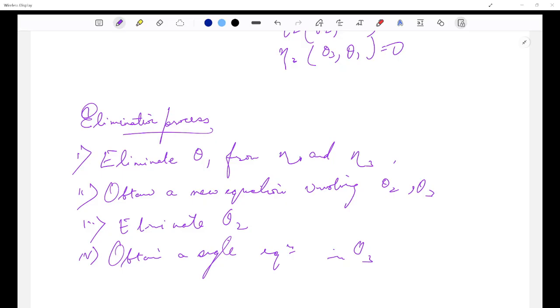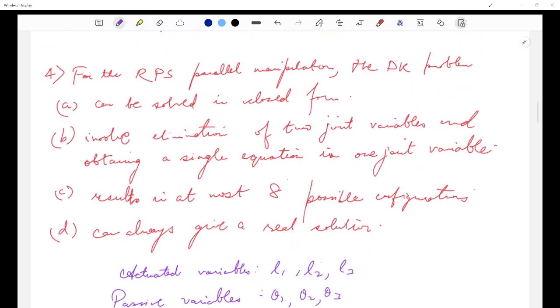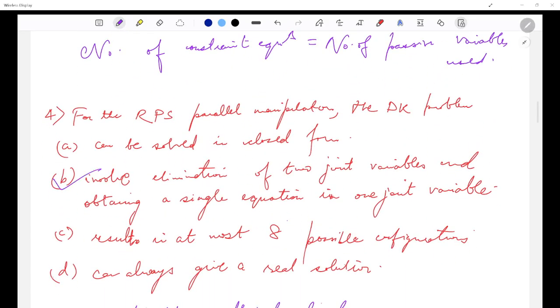So an 8th degree polynomial, what does it mean? That there are at most 8 possible configurations, right? So the correct options are B and C. The first option is it can be solved in a closed form. An 8th degree polynomial has no general algebraic closed form solution, right?